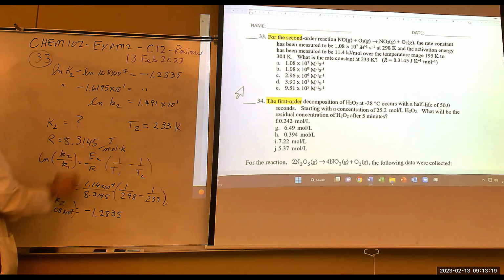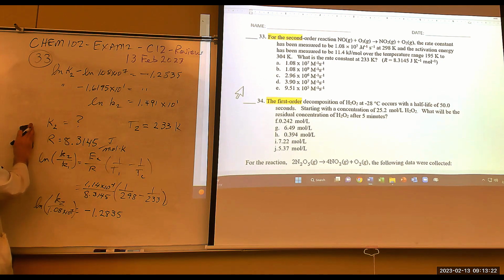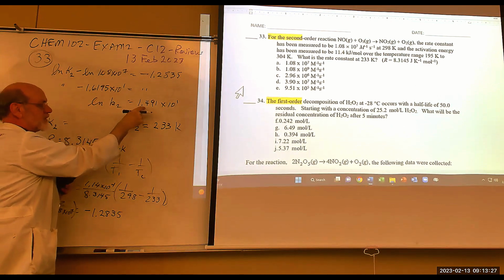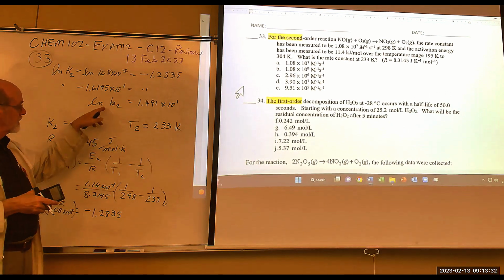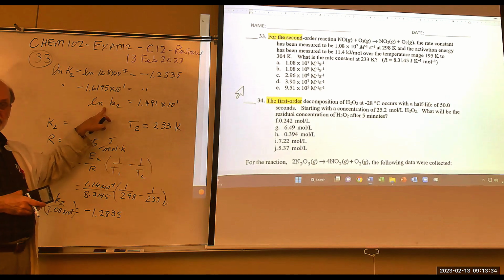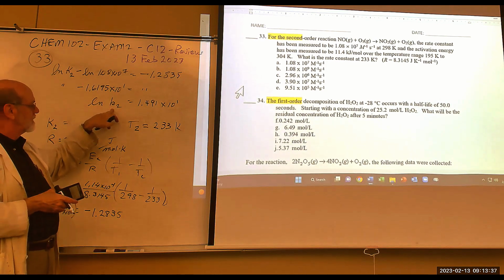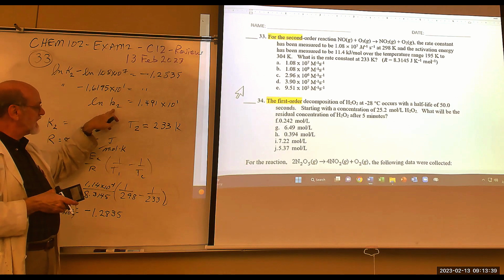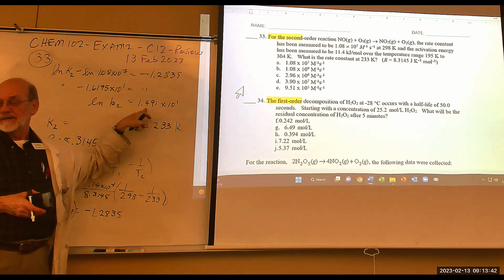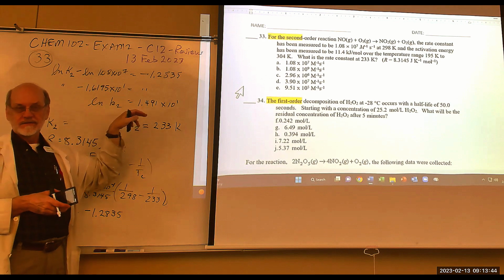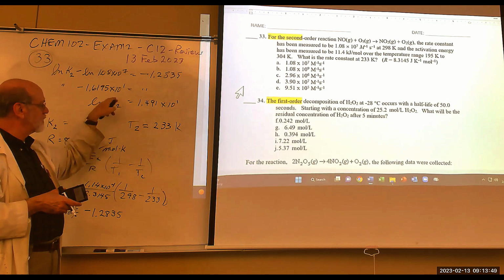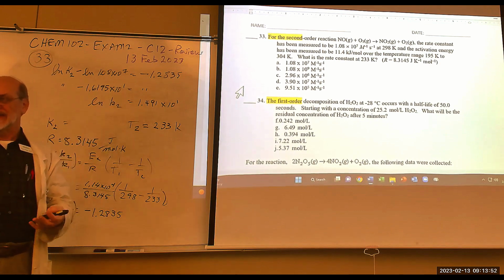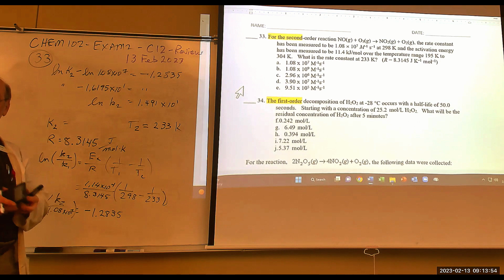So how do we get at K2? I'll just put it in here when I find it. We take the anti-log of this value, right? Definition of logarithms. Log base E, of course. K2 would be E to that power. That's what that means. Remember that from logarithms? This is the power of the base that equals that number. That's what logarithms mean. So in your calculator, how would you do that?